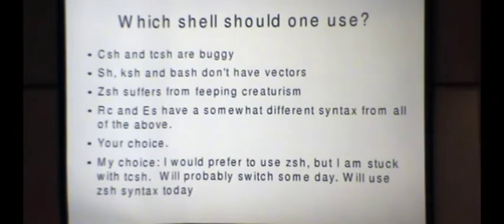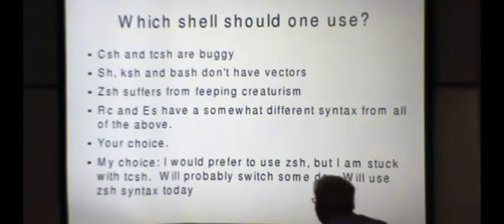ZSH suffers from something called creeping featurism. Anybody knows what that is? It's too customizable. Huh? It's too customizable. It has too many things in it. Creeping featurism is a hackerism.